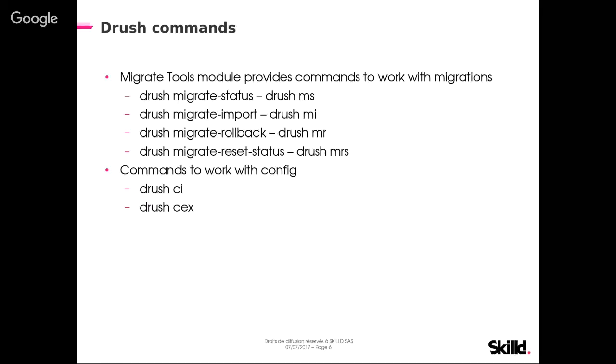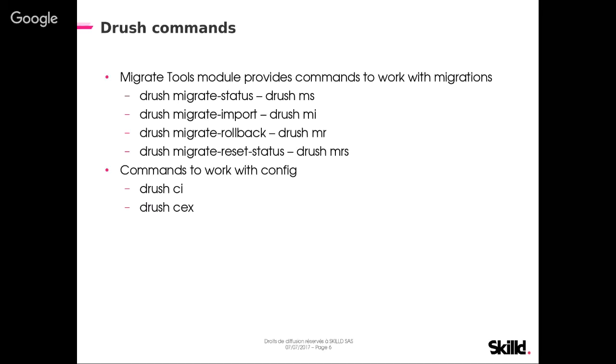This is really useful if your migration stopped in the middle of some process, there was a fatal error or any other problem, so basically something went really wrong because you configured your migration wrongly in some way. Then you will use Drush migrate reset status to reset the status of the migration to a useful status so that you can utilize it further.